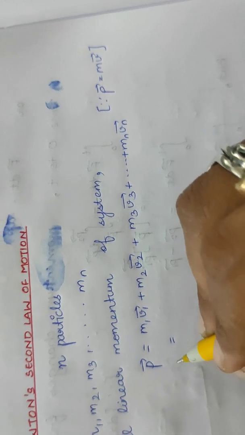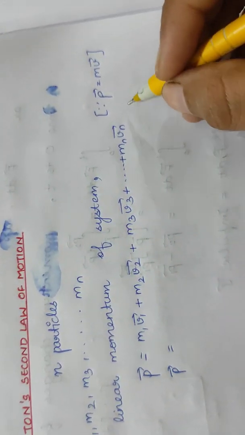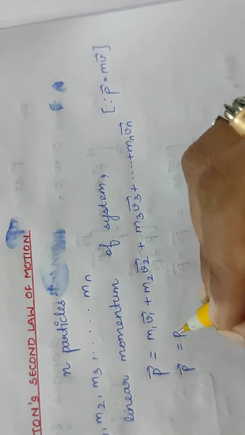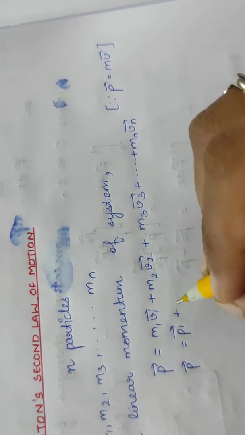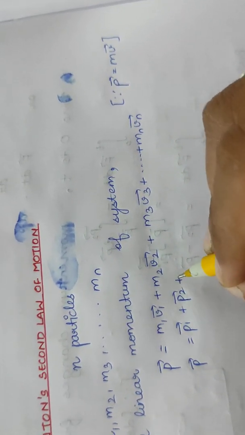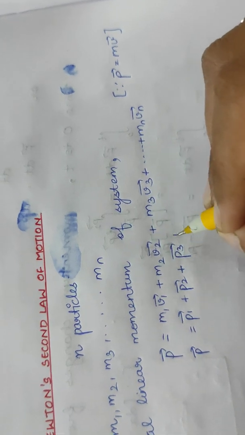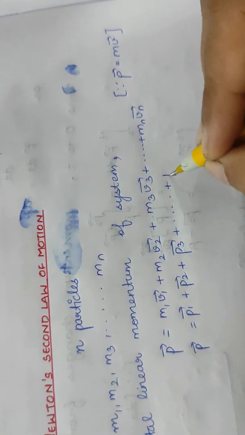Fine. Now from here we can write that p is equal to, these are linear momentums, so for first particle p1, for second particle p2, for third particle p3 and so on till pn.